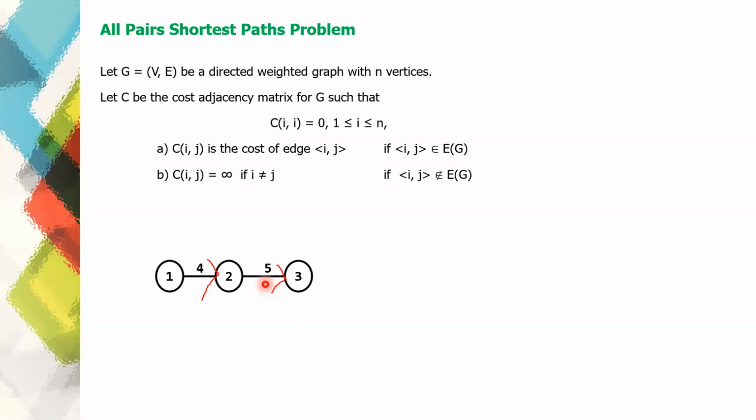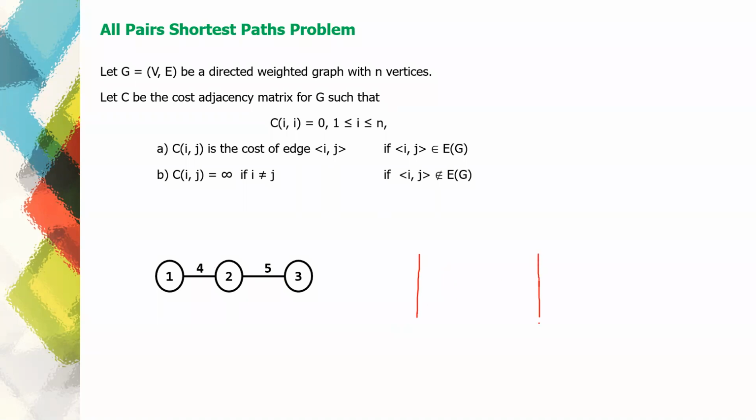Now, if I have to build an adjacency matrix for this, an adjacency matrix records the distances between the nodes. And the adjacency matrix will be an n by n matrix.